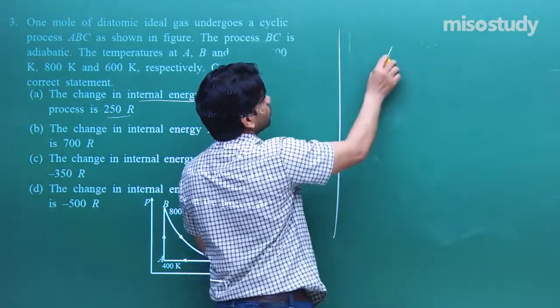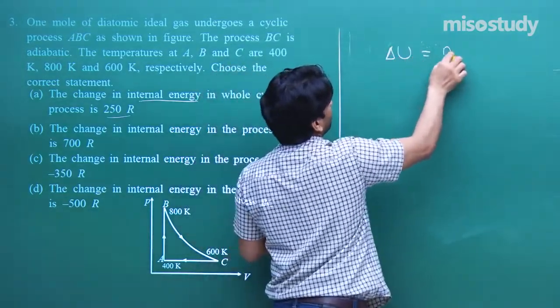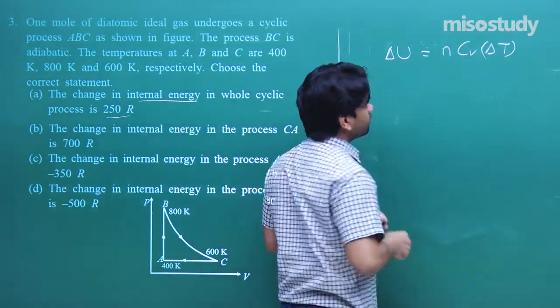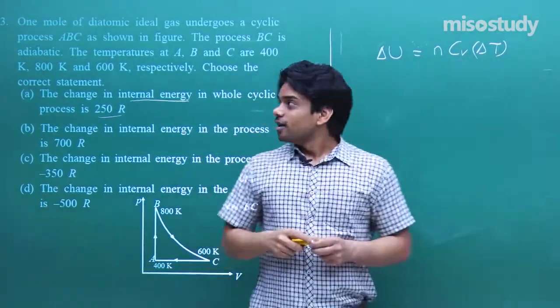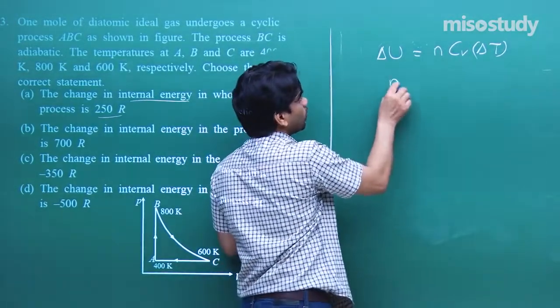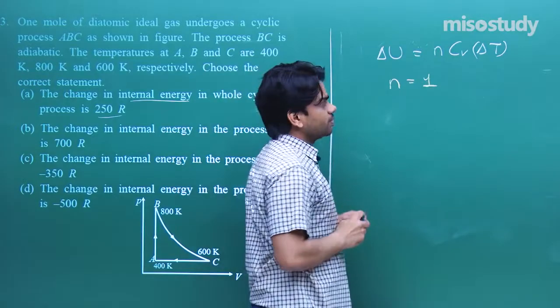Now, what is the value of change in internal energy? That I have told you in our regular class, it's nCv delta T. This is what we have learnt, nCv delta T. Now, here it's given that 1 mole. So, n is given as 1. So, what you do? Put n as 1.